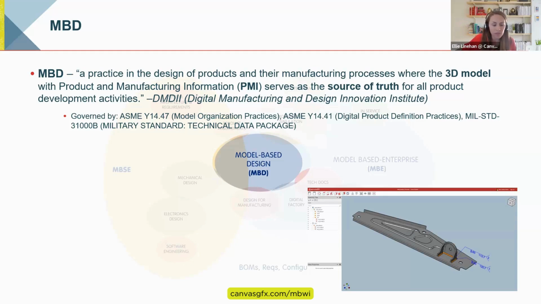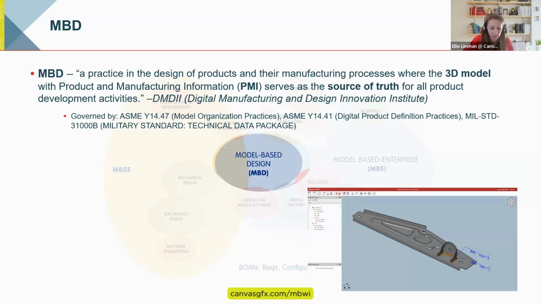So the PMI information, if you can squint your eyes a little bit here, this is an example of a model with PMI information in Envision, which Canvas Envision is our tool for generating model-based work instructions. So it really governs that the 3D model coming from engineering, not the 2D drawing, dictates the source of truth.